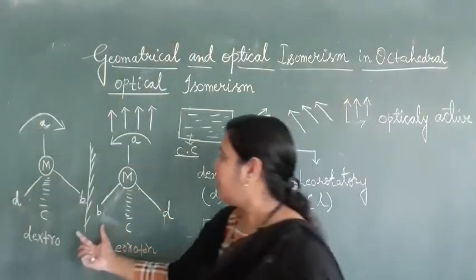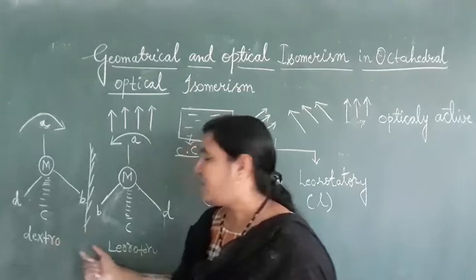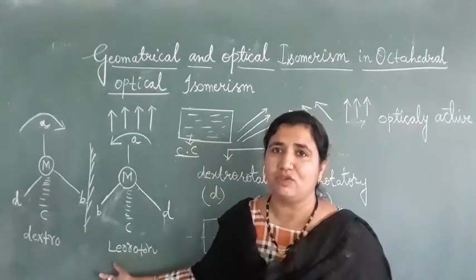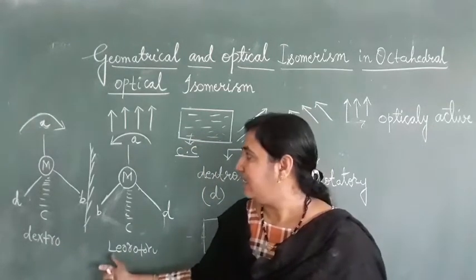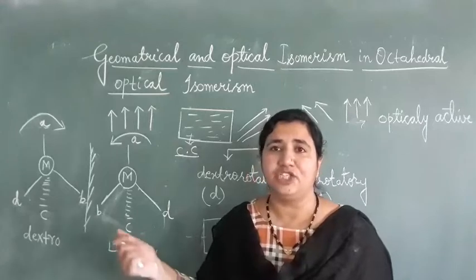These dextro and levo forms are the optical isomers, collectively known as enantiomers.